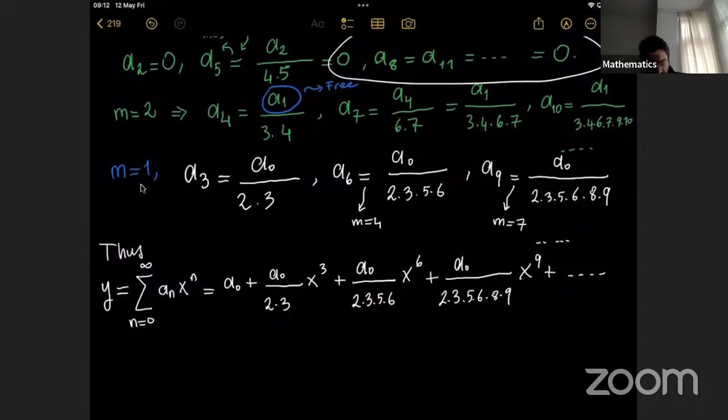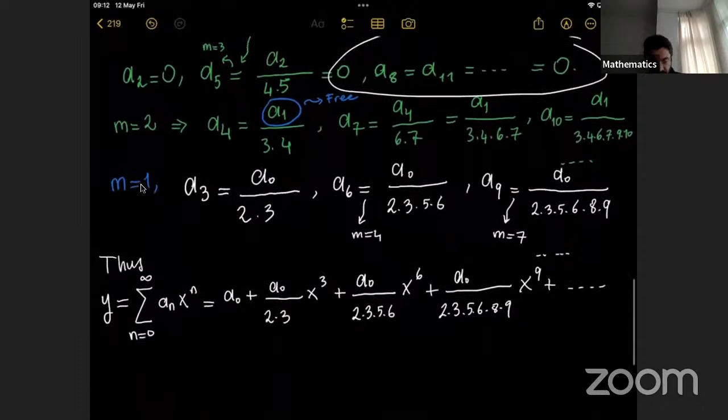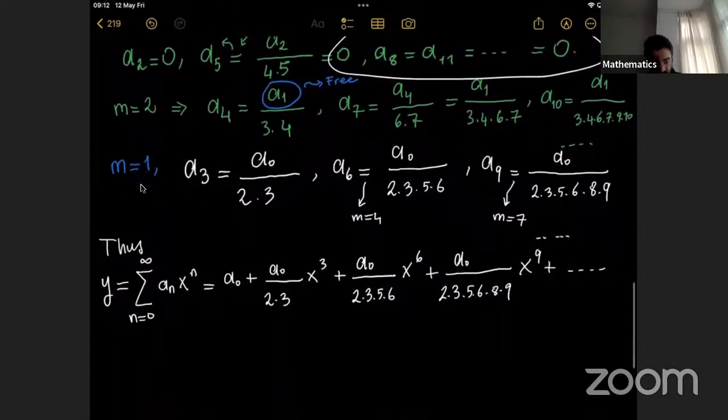The other terms are 1, 4, 7, and so on. So let's write those. a1 is a1, right? a1 x plus a4.